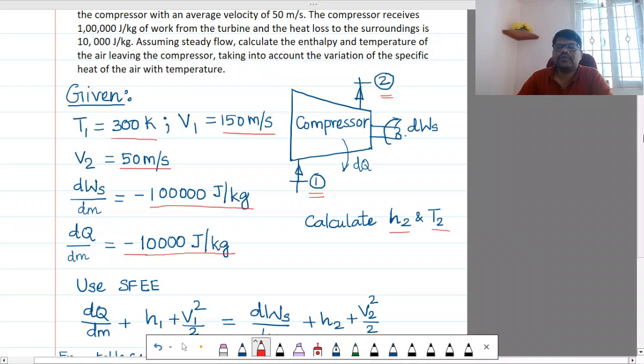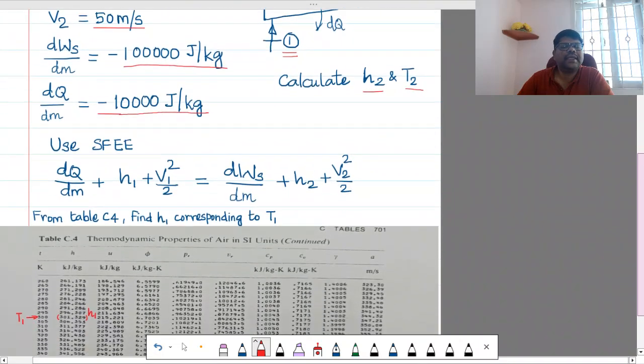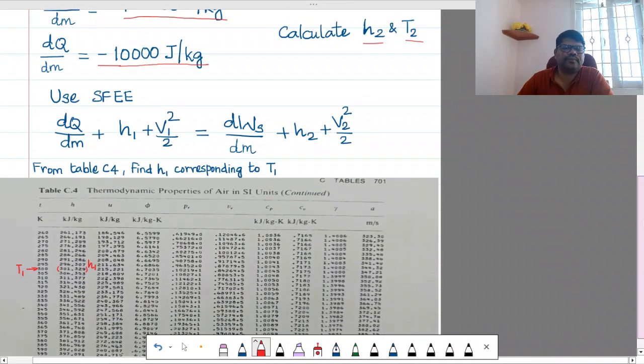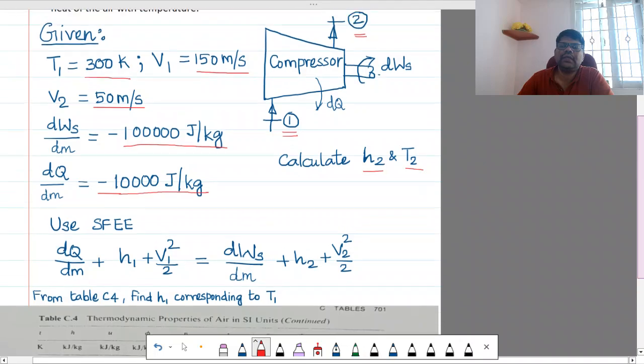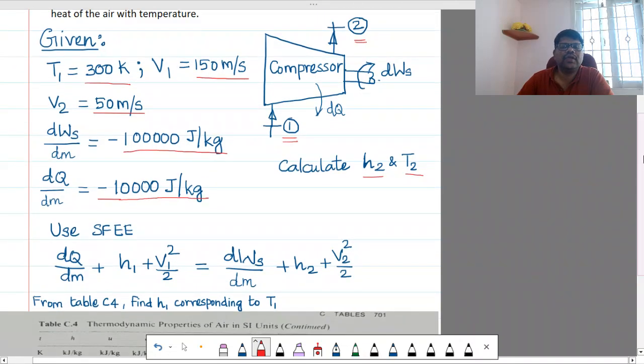We are going to use the approach of applying the steady flow energy equation. Assuming the elevation of inlet and exit of the compressor to be same, that means Z1 is equal to Z2, the potential energy term will become 0.